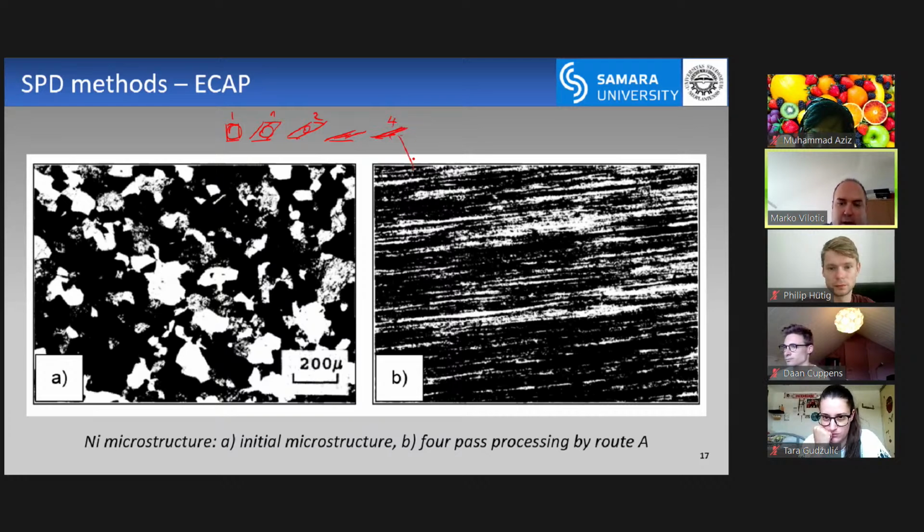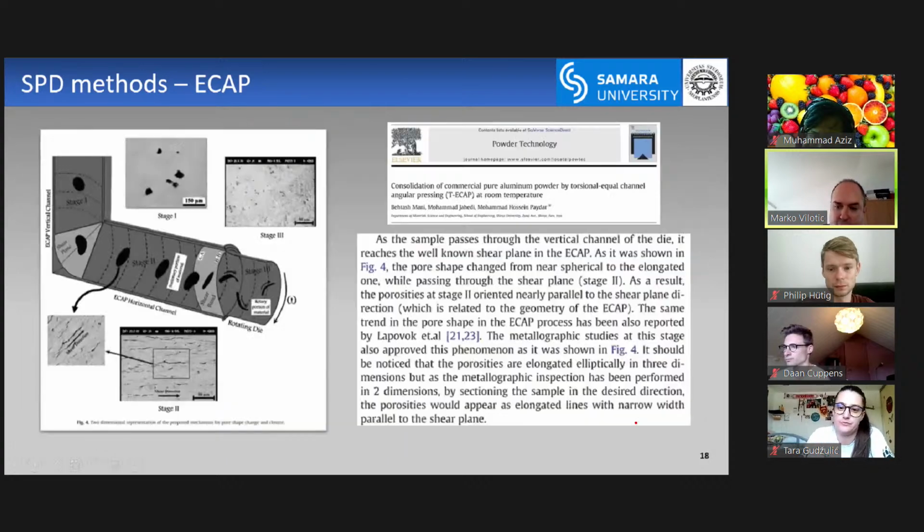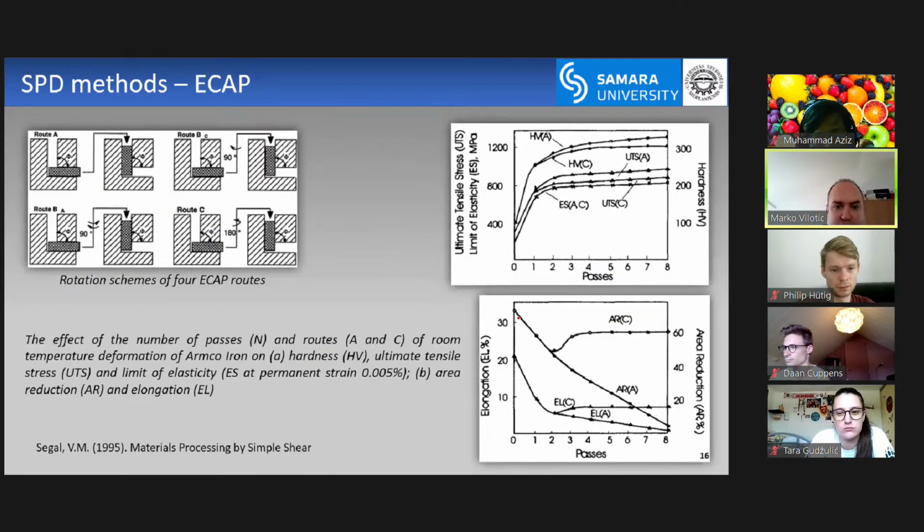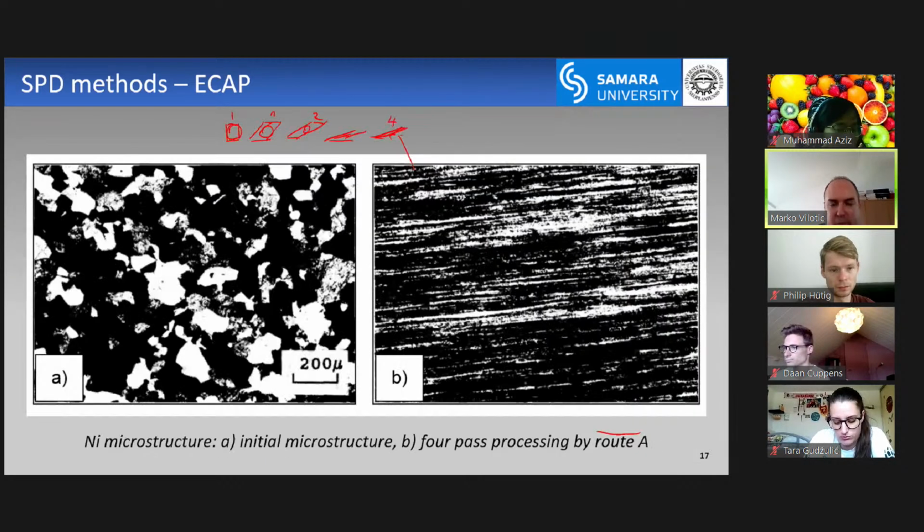However, this is route A. Where is route B? Okay, I didn't put it. If we use route C or BC, I'm not 100% sure now, I don't want to make a mistake. What we get in 1 pass, this is the initial, this is 1 pass. However, if we rotate it in the opposite direction, we will get it like this. So we will have these effects, right?